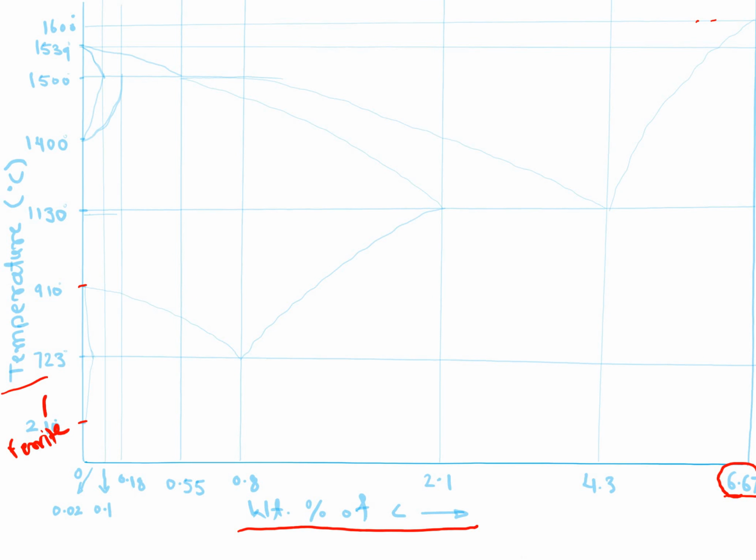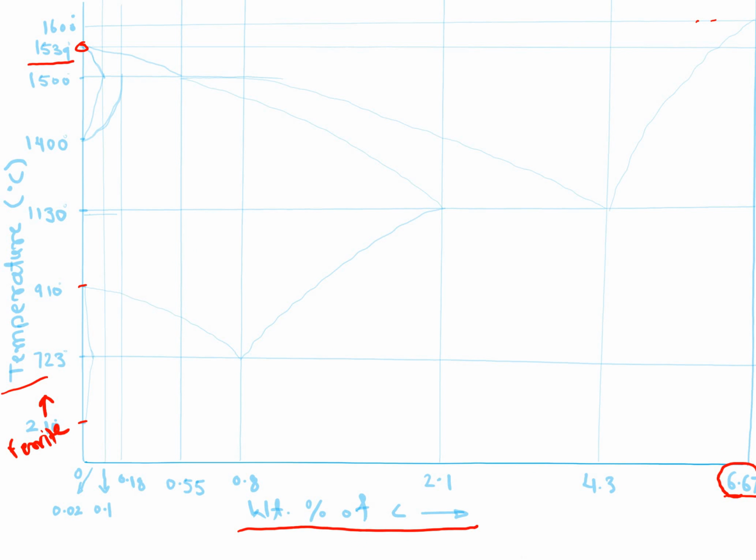Upon heating, it experiences two changes in crystal structure before it melts. Here it is getting melted. If someone asks you in any competitive exam what is the melting point of the pure form of iron, then you have to mention 1539 degrees Celsius.